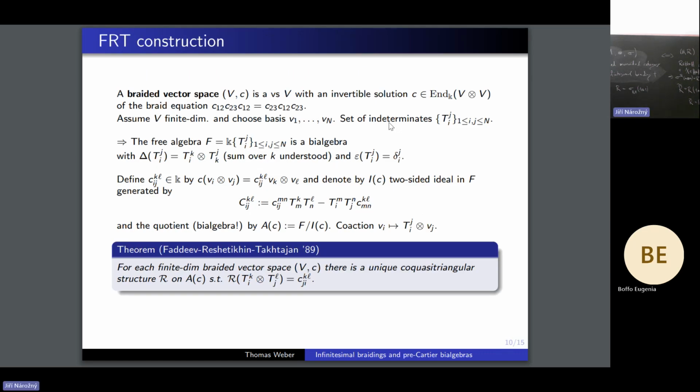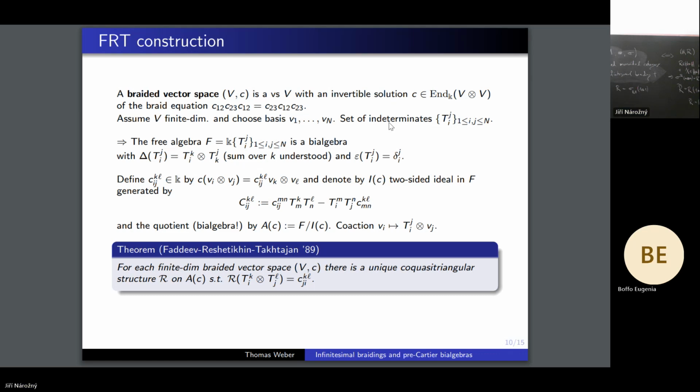Okay, to understand this a little bit better, what I'm going to show is that we can find a lot of examples of our triples using something called FRT. Let me walk you through the way this is done.